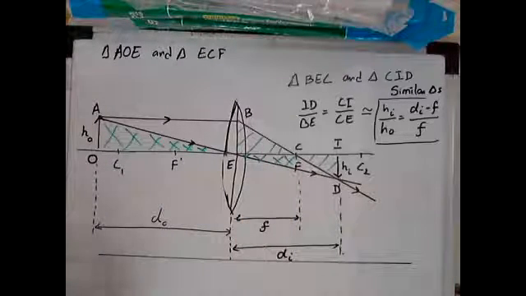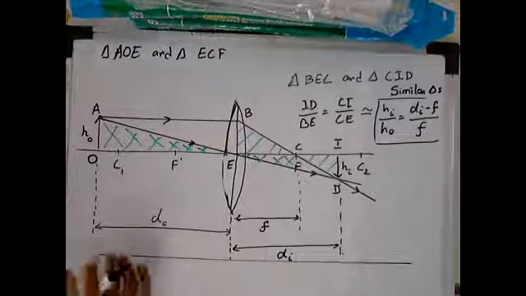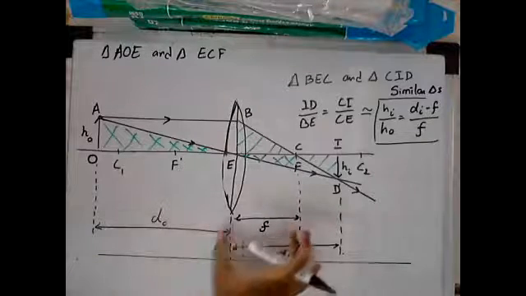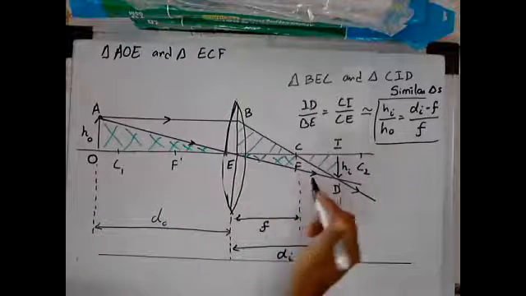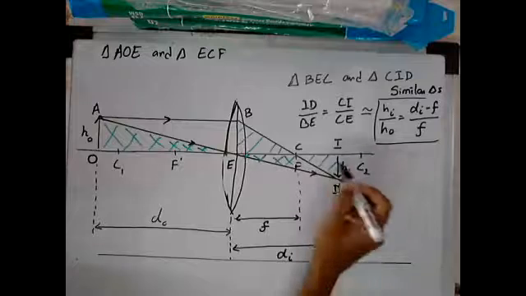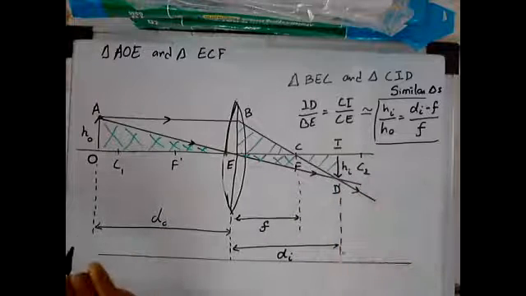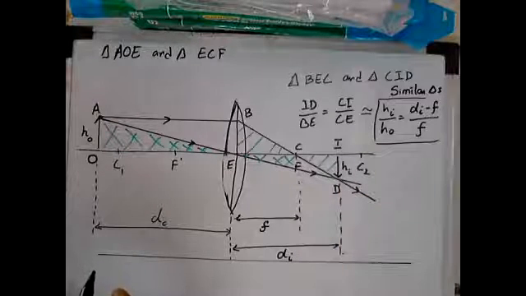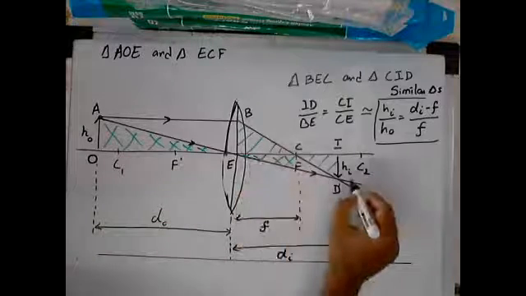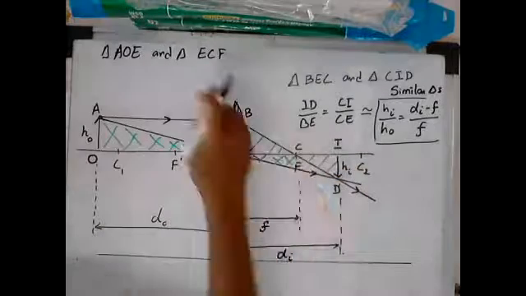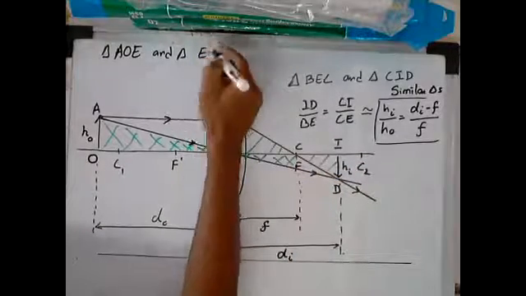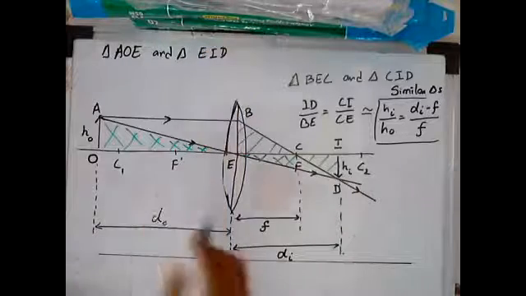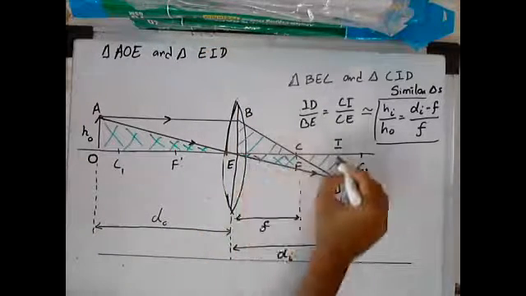So therefore, again, I can write the ratio in terms of these. For the same thing, I have to take this entire triangle. Sorry, EID. This entire triangle.